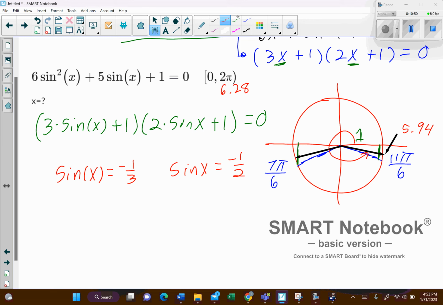Now, to figure out this other angle, I need to figure out from here to here, right? Well, I know to this point right here would be pi, to just do a half rotation, but I need that extra little sliver. Well, I know what that little sliver is because I got it when I first put it in the calculator.